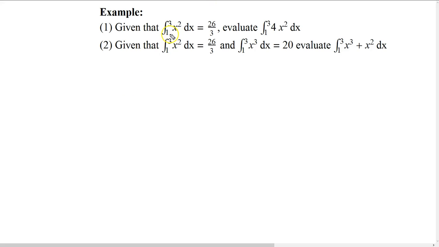So given that the definite integral of x squared from 1 to 3 is 26 over 3, which we saw in a previous video, evaluate the definite integral from 1 to 3 of 4 times x squared dx. Well, by our theorem, we can just move this 4 outside the definite integral.